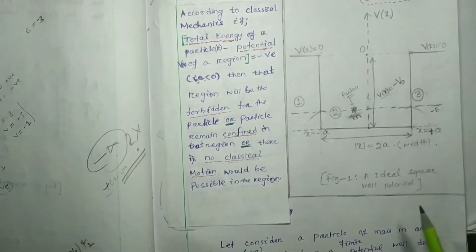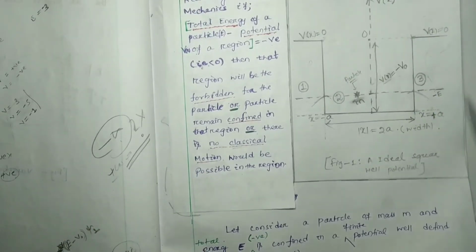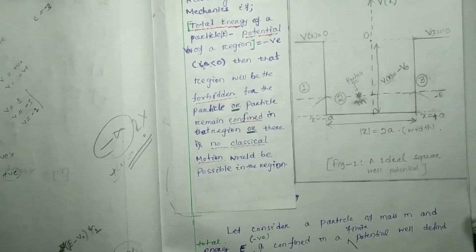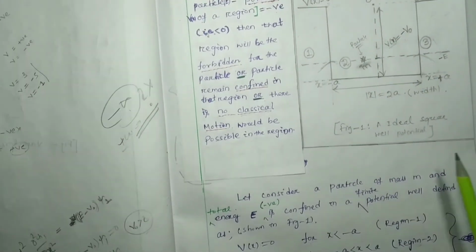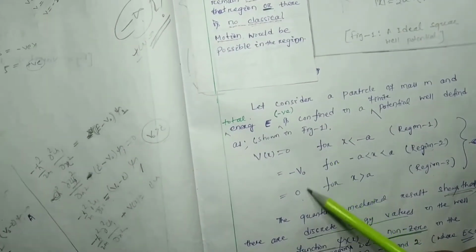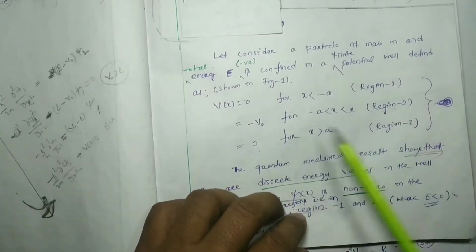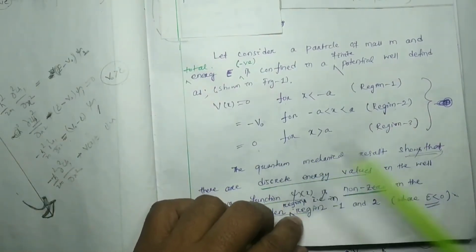How and why this happens, I have given in a separate video about bound state and unbound state. I suggest that you go through that video. So this is the representation of the potential: region 1 is 0, region 2 is minus V0, and region 3 is 0.